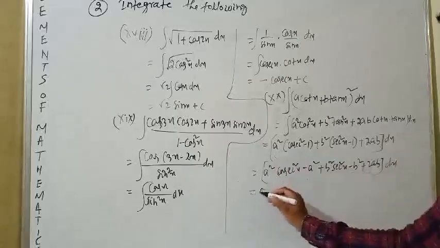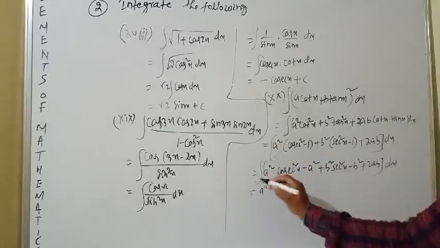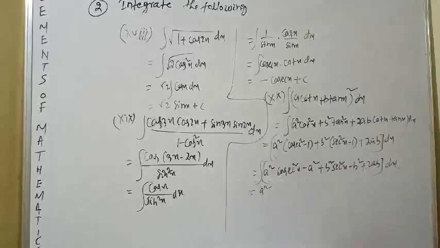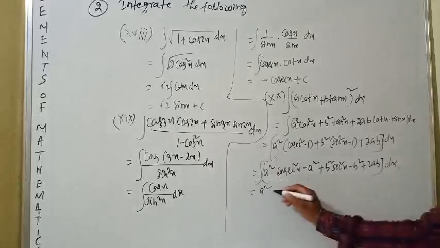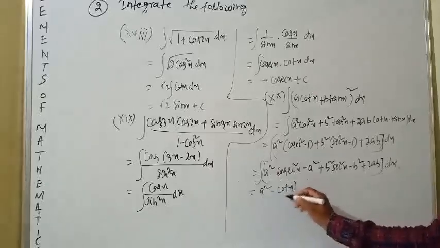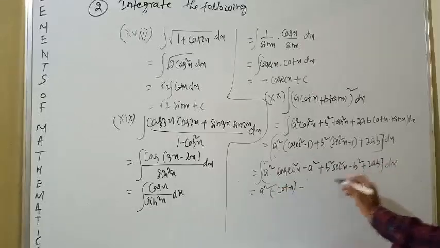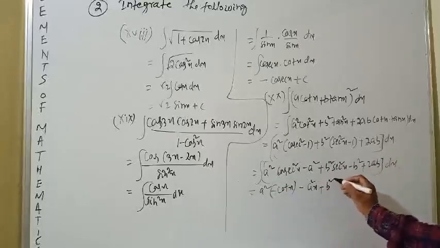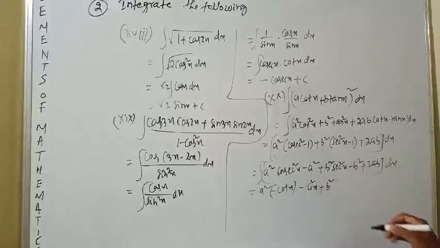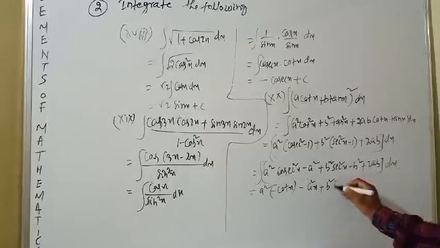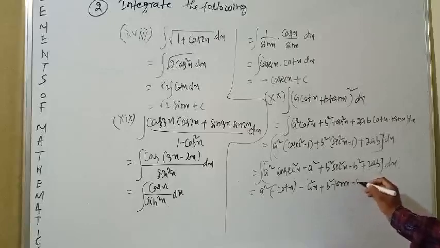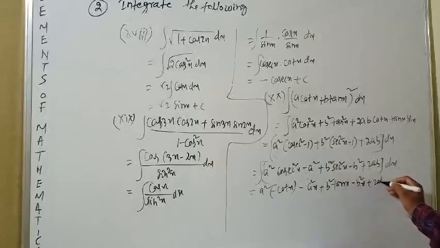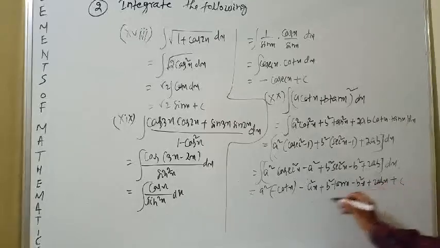Integration of cosec square x is minus cot x, minus a square dx, that is a square x, plus b square integration of sec square x, that is tan x, minus b square x plus 2abx plus c.